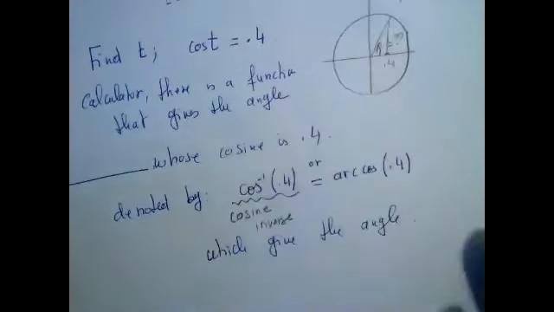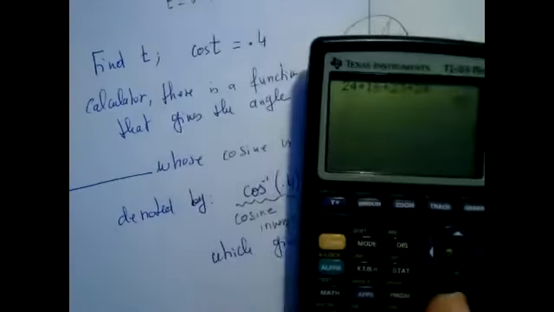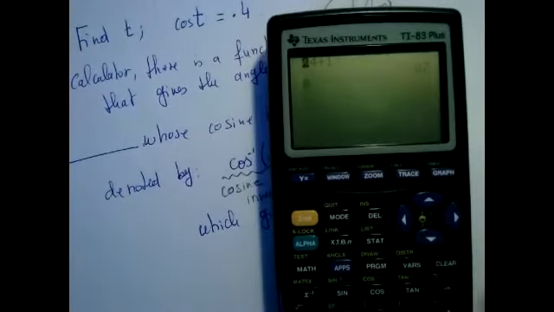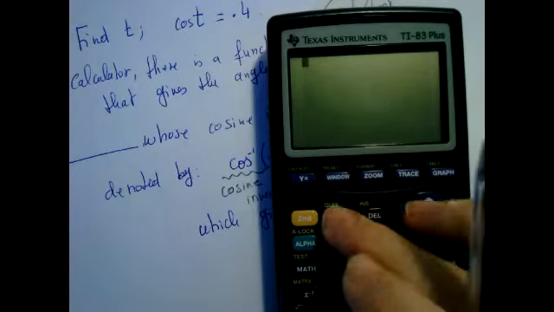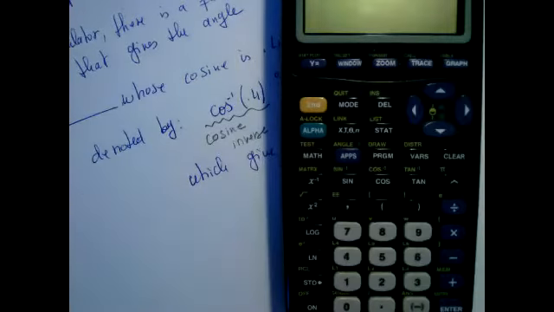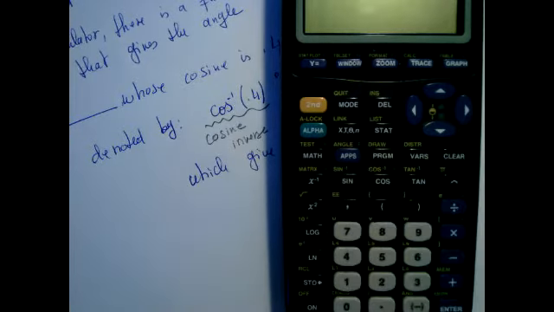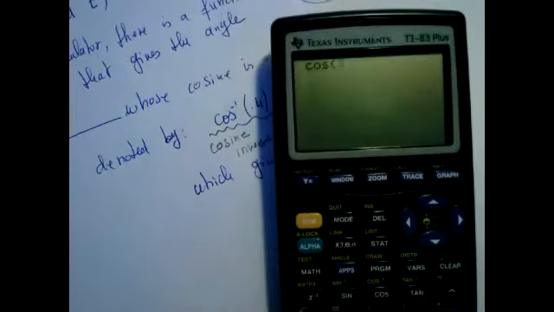So in other words, I'm going to pick up my calculator right here. I'm putting it in degree mode to make the problem a bit easier. I would like you all to pick up your own calculator, and there is a button called cosine inverse. I'm going to hit cosine inverse, and I'm going to hit 0.4, enter.